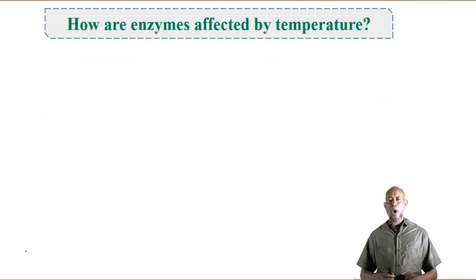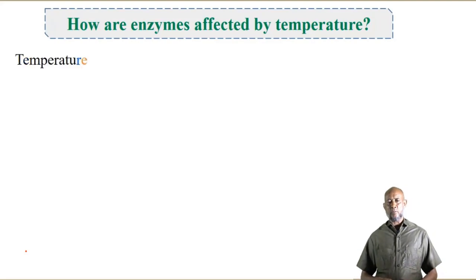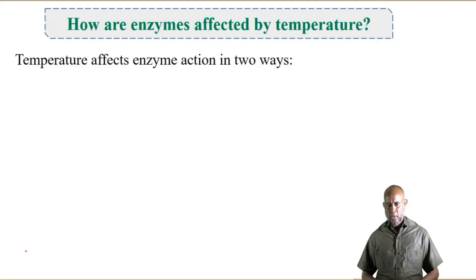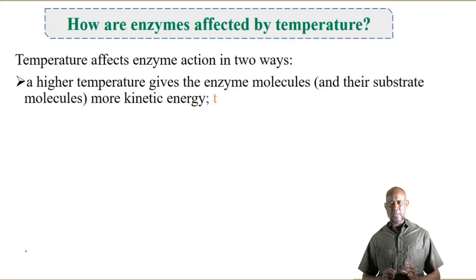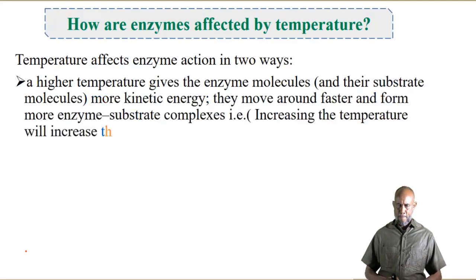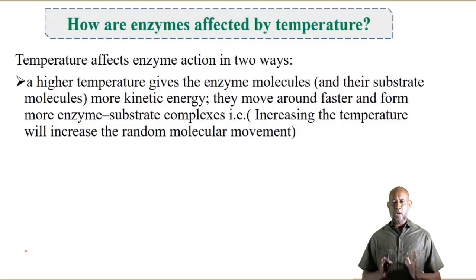Now let's look at how enzymes are affected by temperature. Temperature affects enzyme action in two ways. First, a higher temperature gives enzyme molecules and substrate molecules more kinetic energy, and they move around faster, so more enzyme-substrate complex is produced.